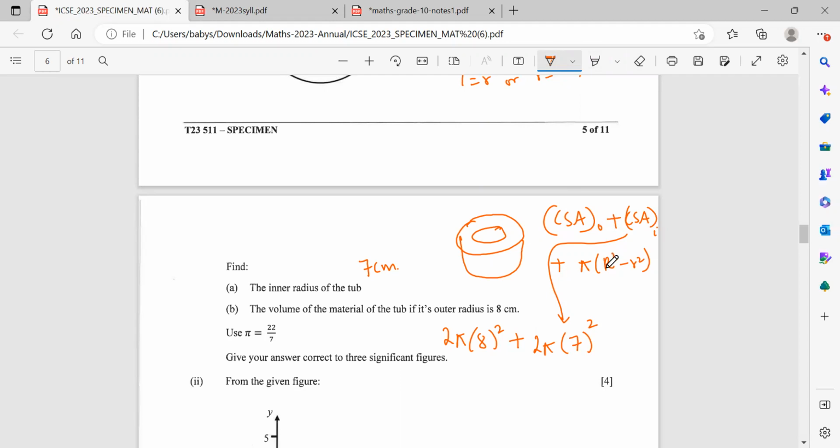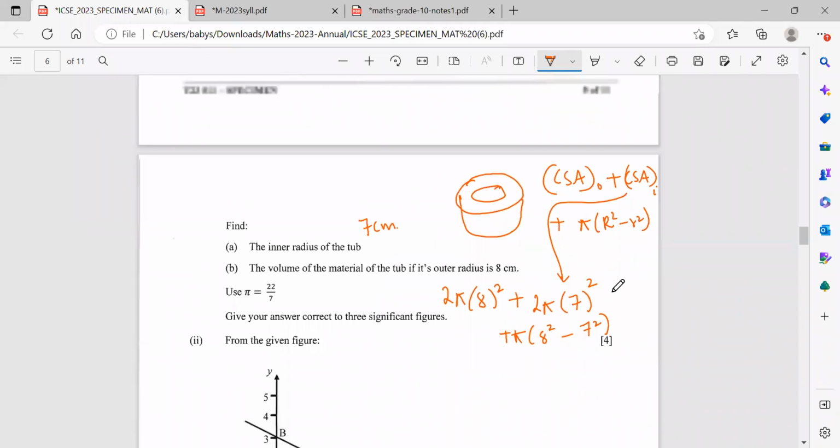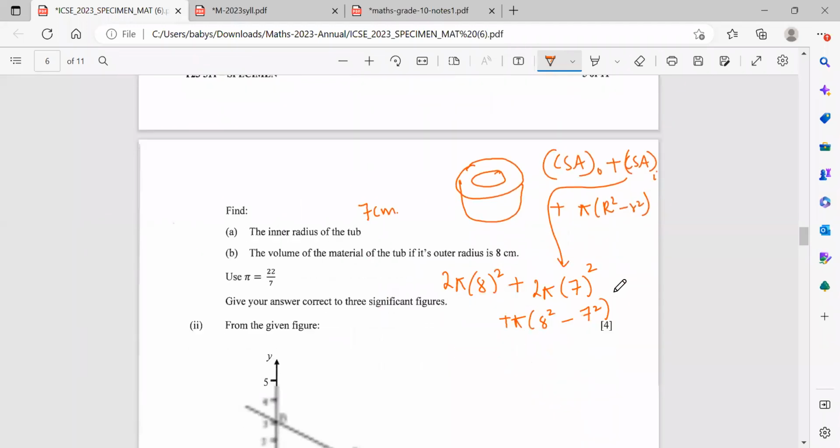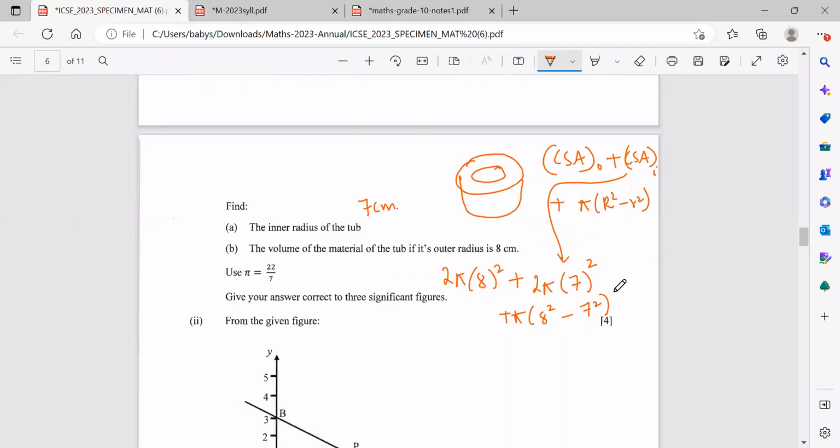That is inner radius, plus pi into R square minus r square, that is 8 square minus 7 square. So 2 pi R square plus 2 pi 8 square plus 2 pi 7 square.